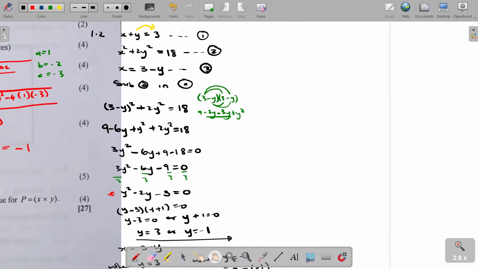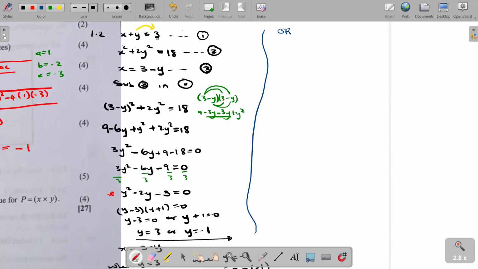Using this equation does not necessarily mean that x must be made the subject of the formula. You can make y the subject of the formula.